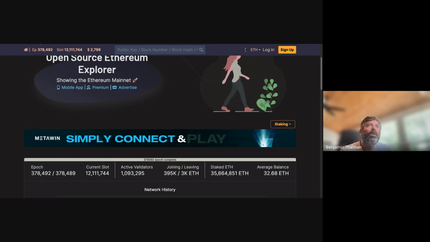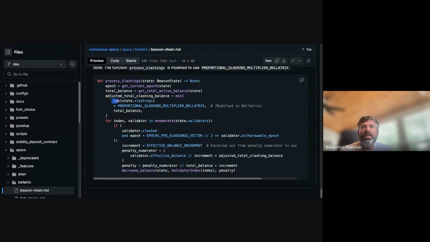Okay. So for this, what you can say is 0.5% has committed a slashable offense. So for 35 million ETH, that's 175,000 ETH have committed a slashable offense, because 350,000 is 1% of 35 million. Half of that is 175,000.